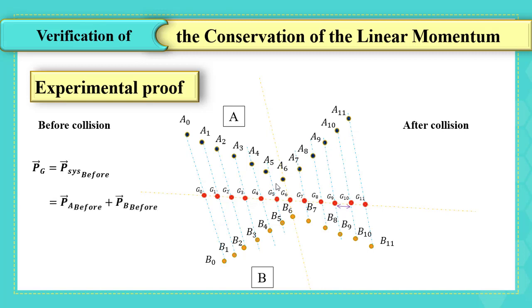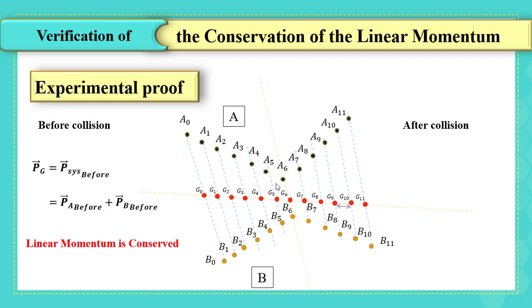Therefore, the linear momentum of the system, which is equal to (MA plus MB) times the velocity vector of G, the center of mass of the system, is also constant through the motion before and after collision. As a result, the linear momentum of the whole system, which is the linear momentum of the center of mass, is constant. Then, linear momentum is conserved.